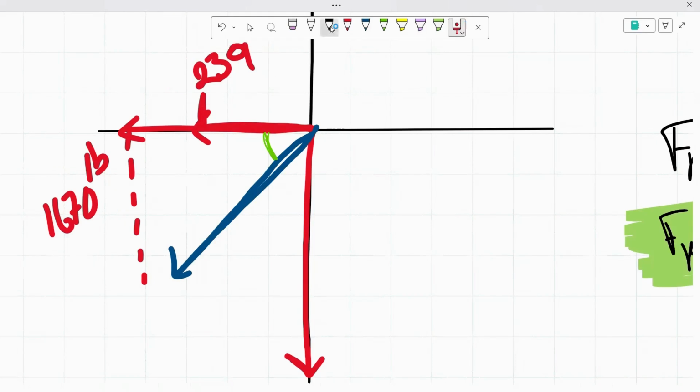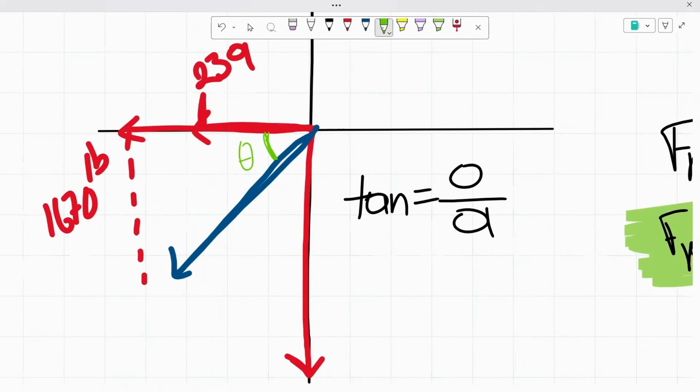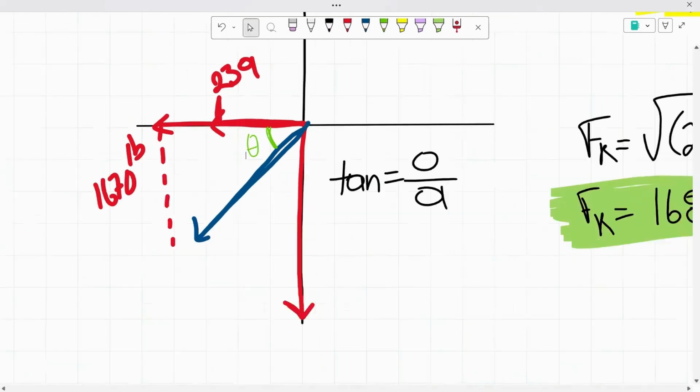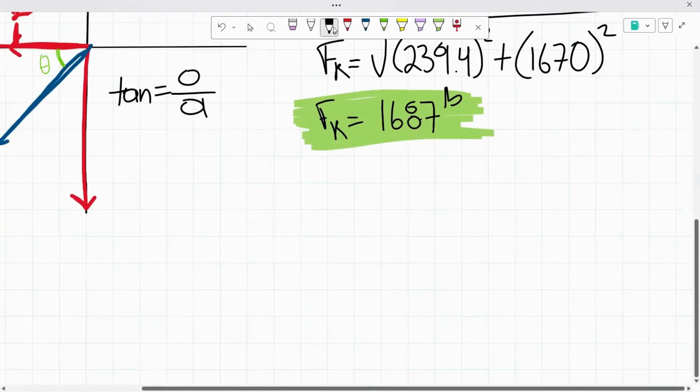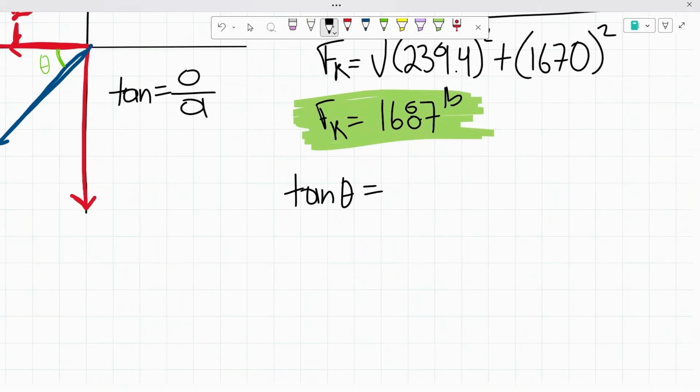If you guys recall, tangent equals opposite over adjacent, so we could use tangent theta. We're going to call this angle here theta to find that angle that we're missing. So tangent theta is equal to opposite over adjacent. Our opposite side was the 1,670 pounds over, and our adjacent side was the 239.4 pounds.